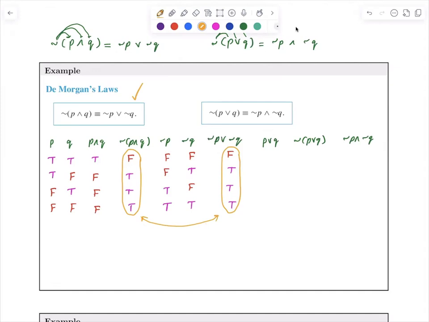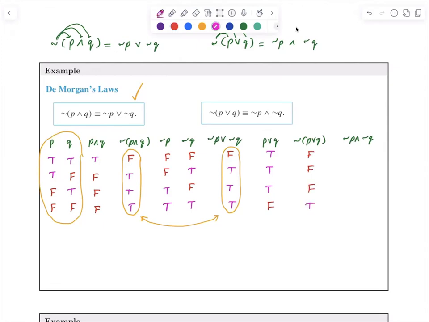Now let us build P or Q, and then not (P or Q), and then not P and not Q, and show that they are equivalent as well. Since we have the values for P and Q, P or Q: true or true is true. True or false is true. False or true is true. False or false is false. Now its negation is false, false, false, and then true.